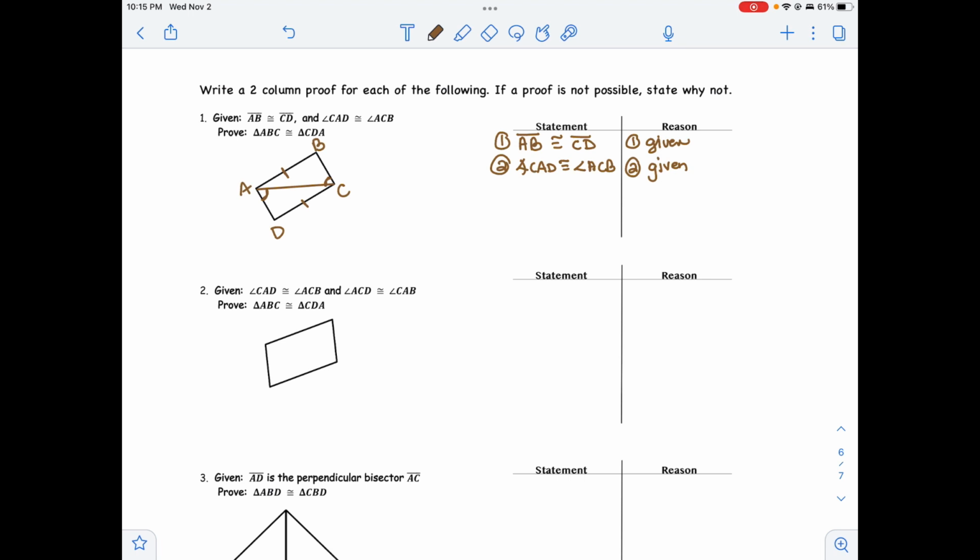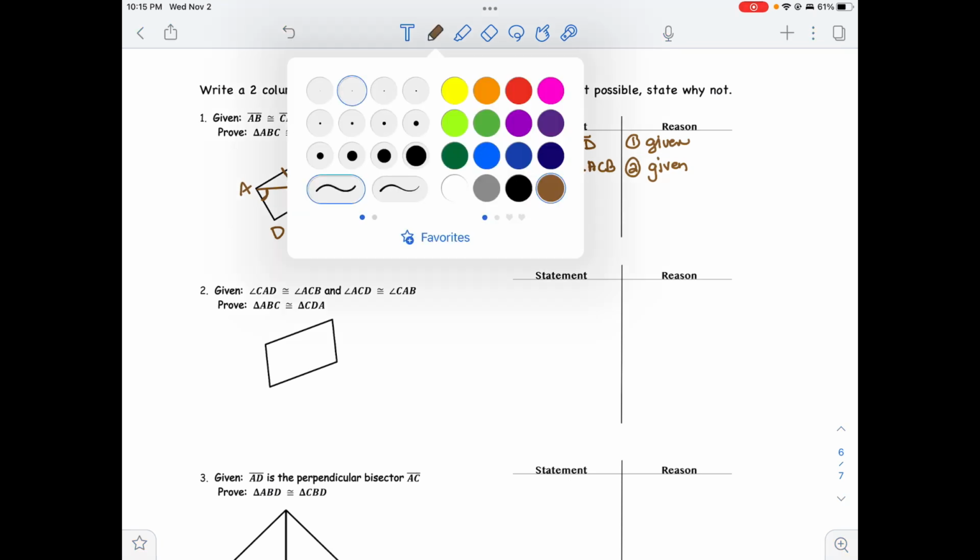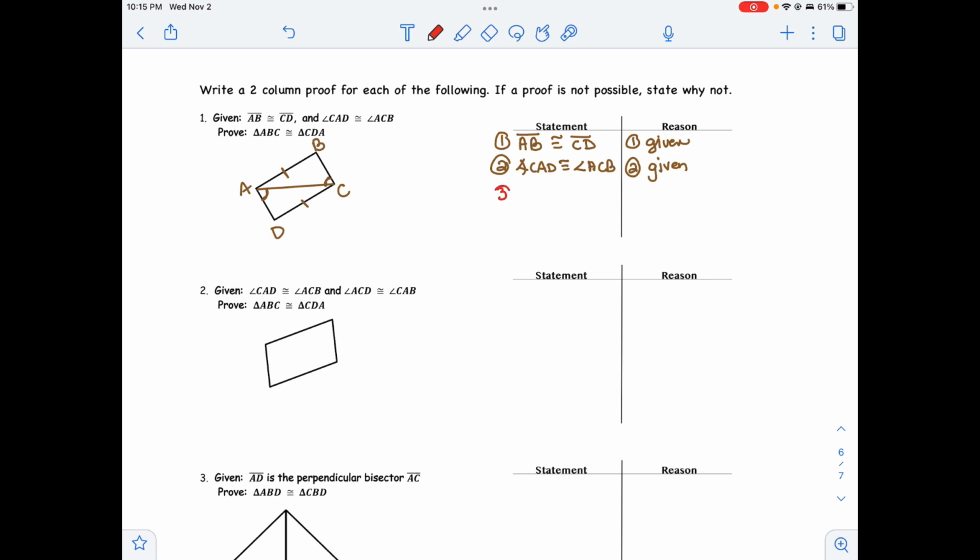So we need to look at what else we can prove. We can prove that AC, so it's a different color here, we can say that AC is congruent to CA with reflexive property. So we could mark this here.